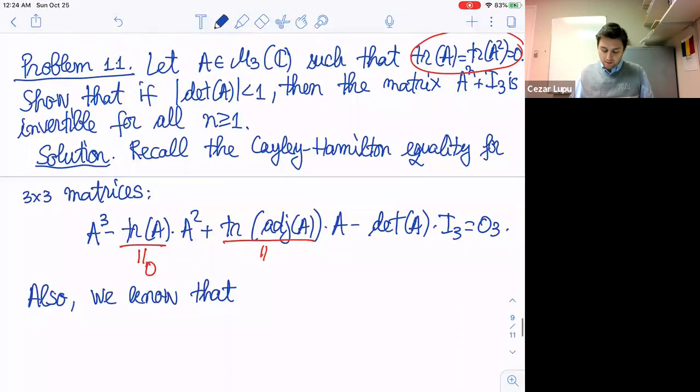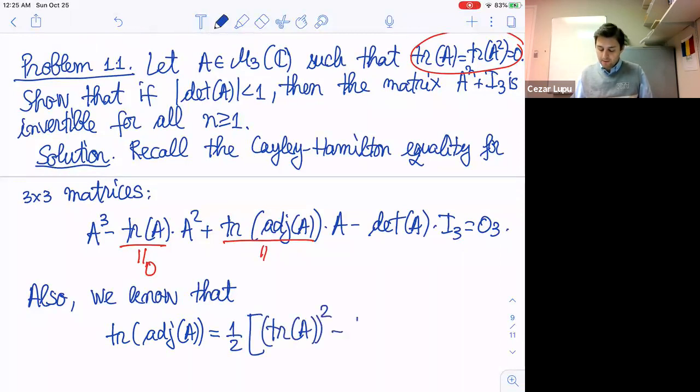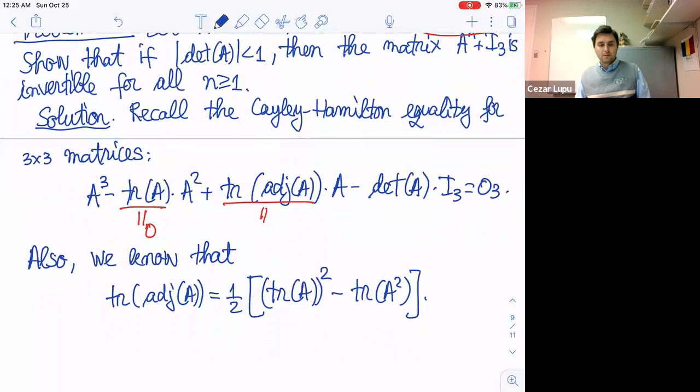So the trace of the adjugate of A was 1/2 times the trace of A squared minus the trace of A squared, right? But now we know that this guy is 0, this guy is 0, so therefore this guy is 0.